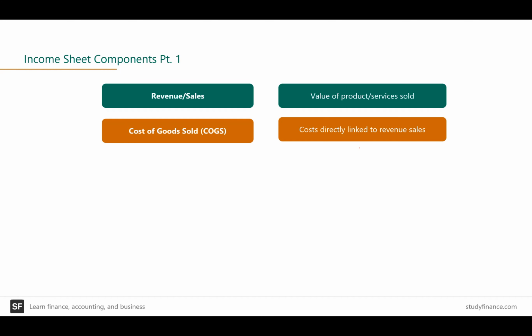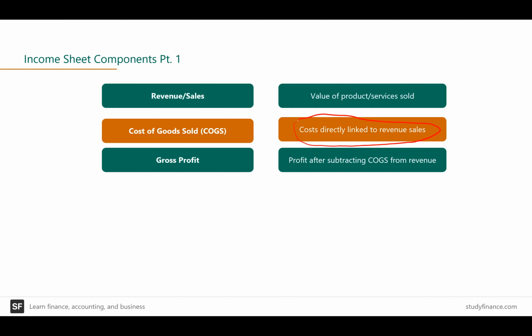Next up, we have our cost of goods sold or COGS, and it represents the costs directly associated with the sales of those products or services. For example, for our company Libra, our scale producing company, COGS will be the raw materials used to produce the scales. So it is also the costs directly linked to revenue sales.